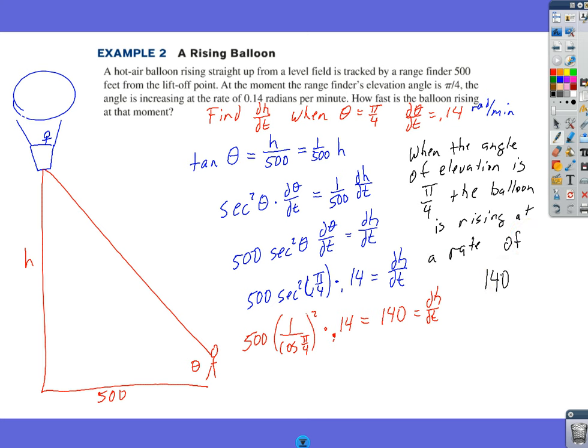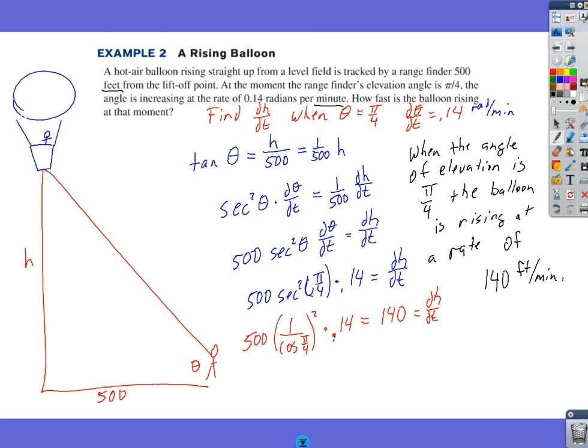Now we have to think about units. Where do they have units here? Well, they talk about feet, and then it's radians per minute, so it's going to be feet per minute. Wow. Okay, so those are your two more examples.